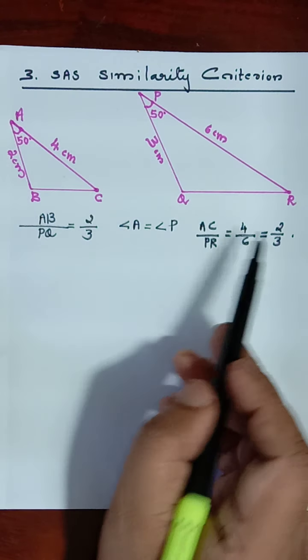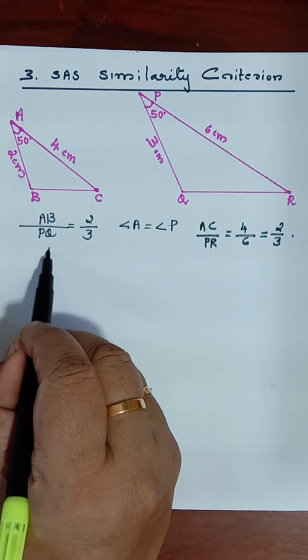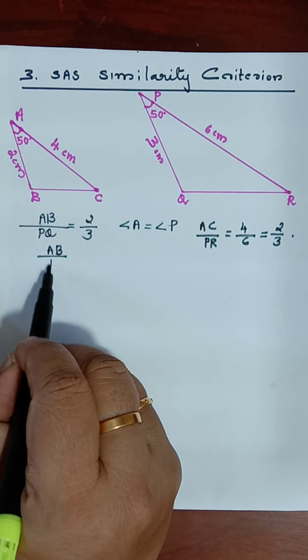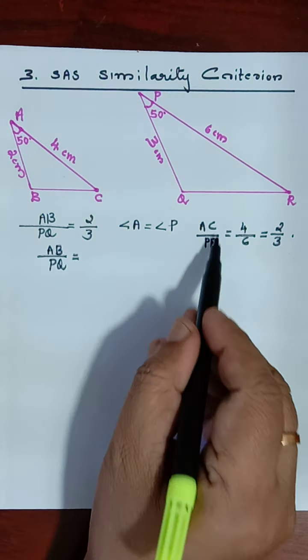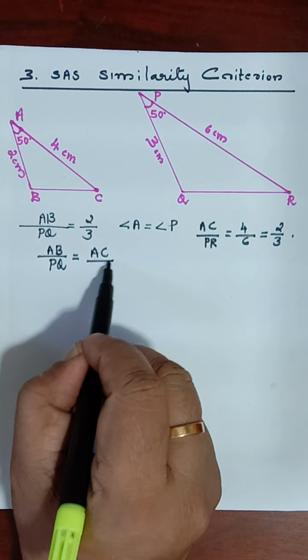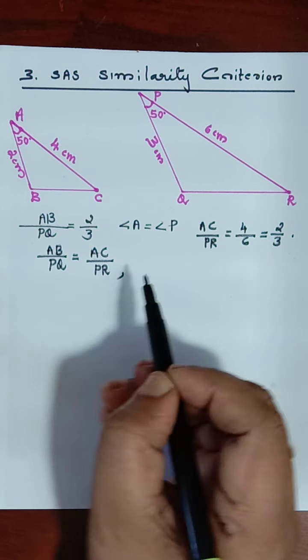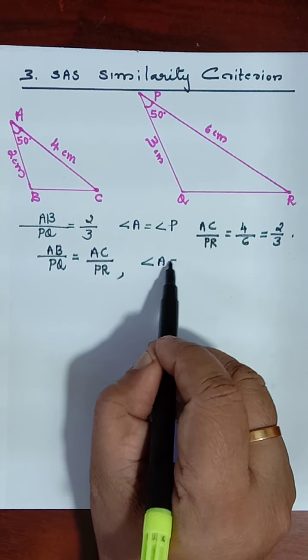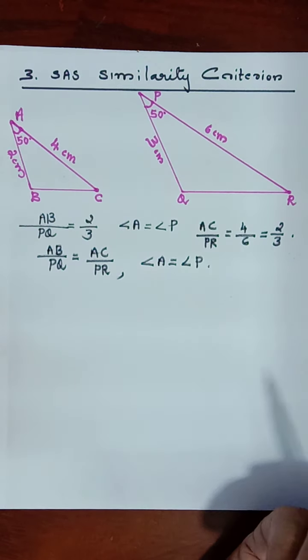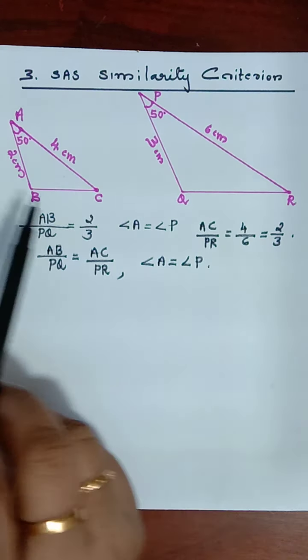So from this we can compare and say AB by PQ is equal to AC by PR, and here angle A is equal to angle P. This is what we see from the figure.